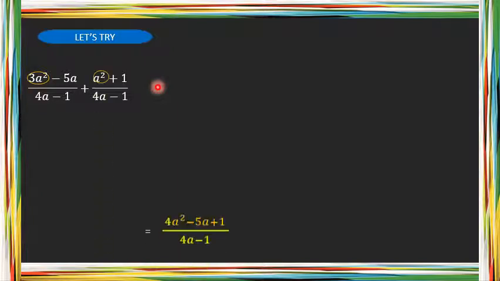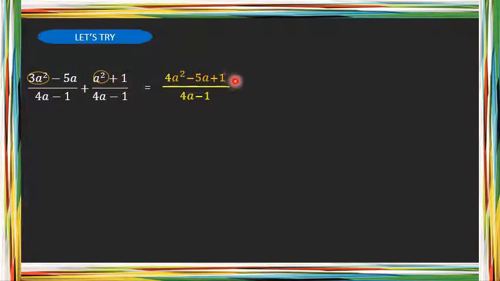Okay, combining like that: 4a squared minus 5a plus 1. Where do you get the 4a squared? 3a squared plus a squared is 4a squared. Then copy the negative 5a and copy the positive 1. Alright, and then copy the denominator.